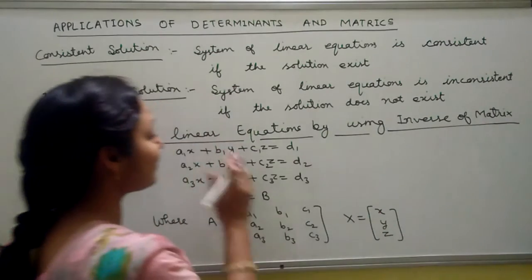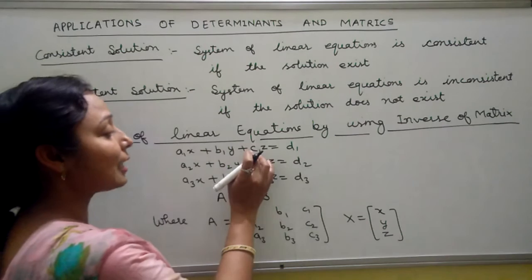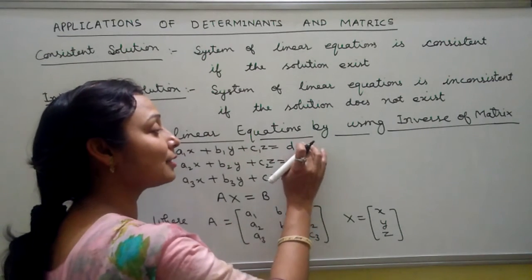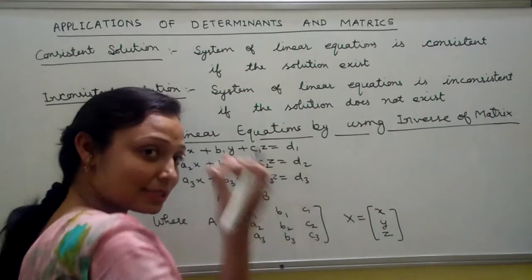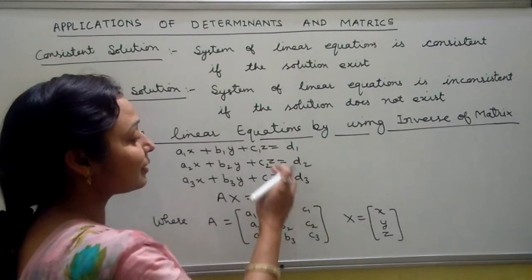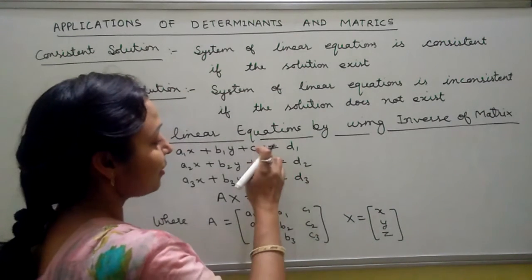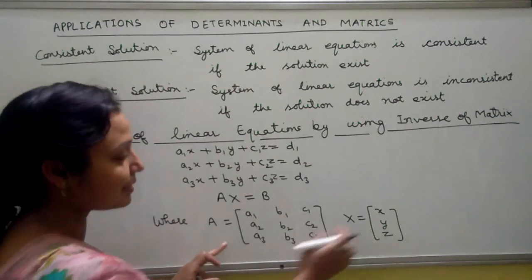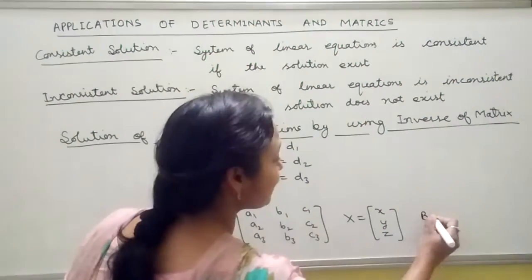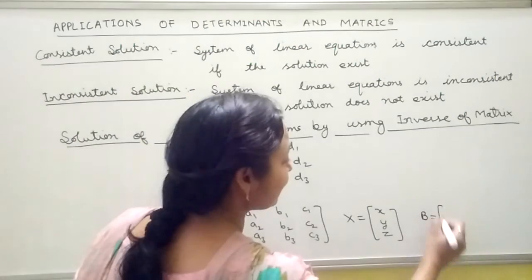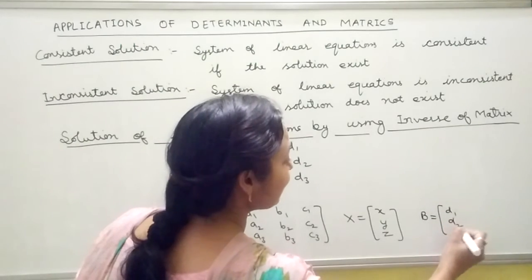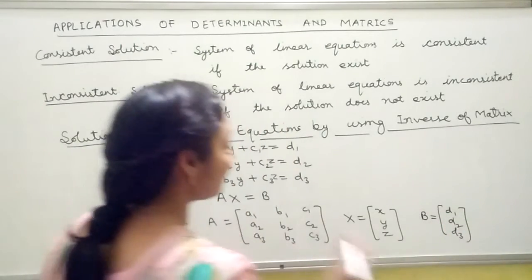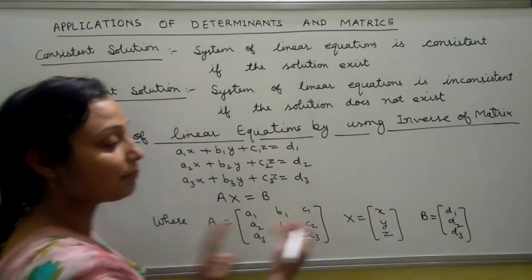If there are two variables, the equation should be in the form of 2, and the constant d1 makes a single constant. But with the third equation we have the third element z. So that means A is equal to this, X is equal to this, and B is equal to d1, d2 and d3. So this is the way to write equations in a matrix form.